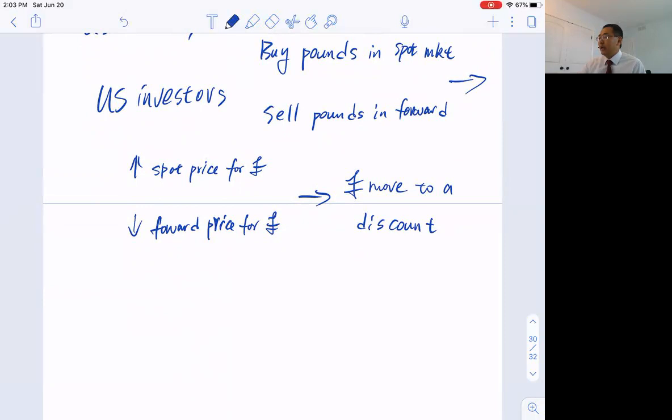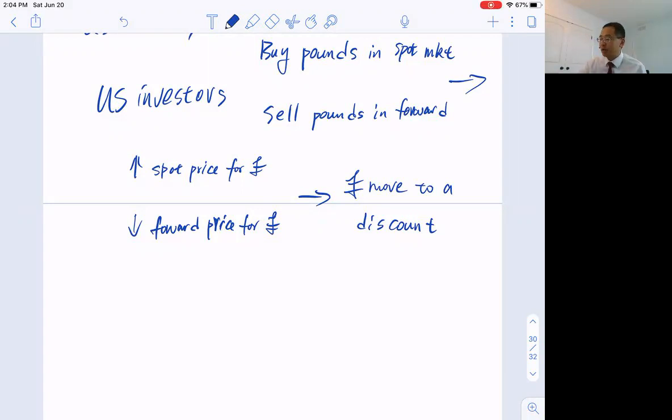Now, this is assuming, first of all, that people participate in investment across the globe, which they do. But also, if you want to invest in foreign countries, the reason people sign these forward contracts is to hedge against risks.